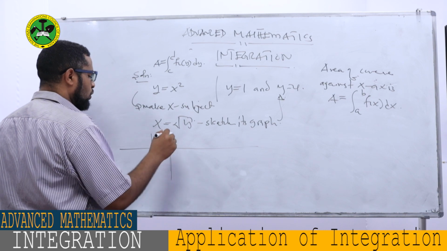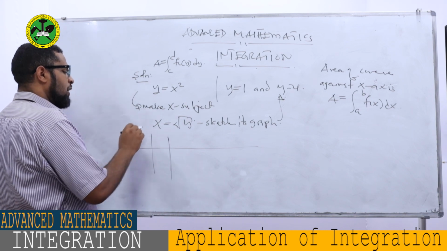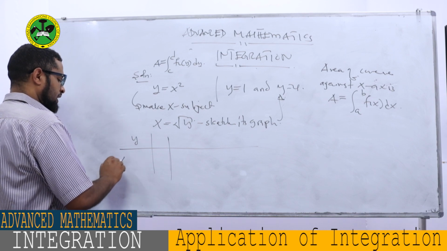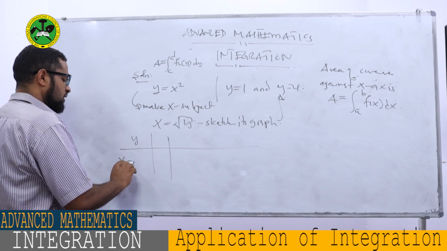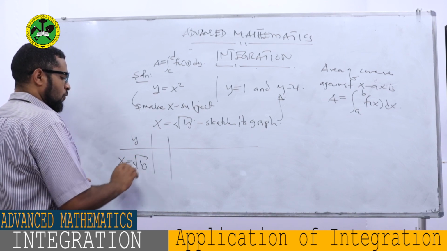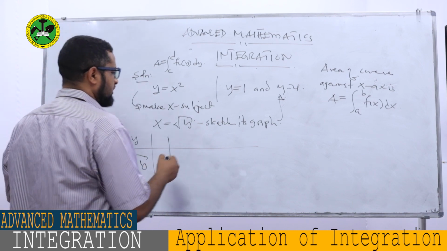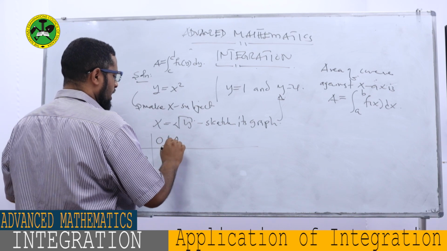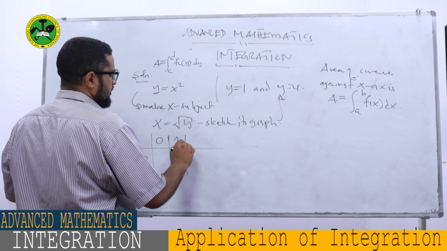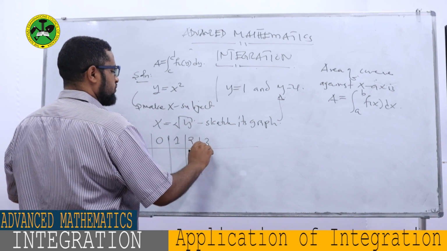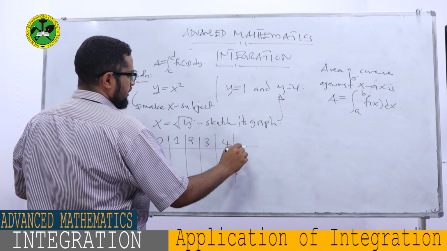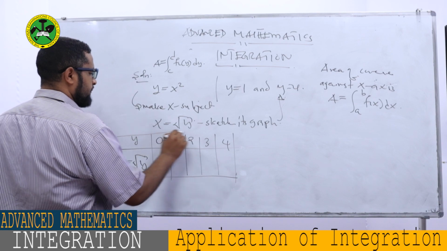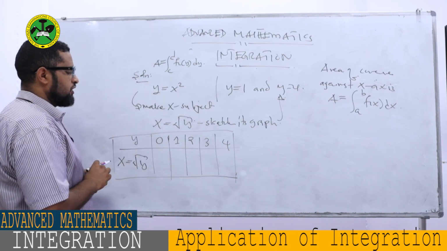Here we are writing the value of y, and our function now is x equal to the root of y. So let's just take the ones that we are given, starting from 0, 1, you may have 2, 3, and then 4, because we're just sketching without using scale.